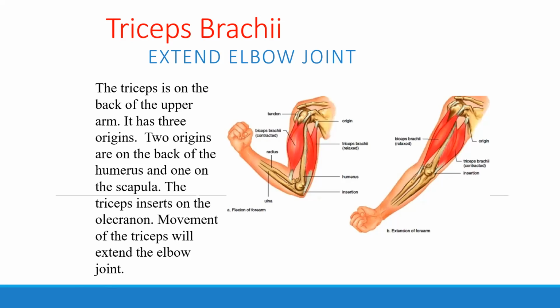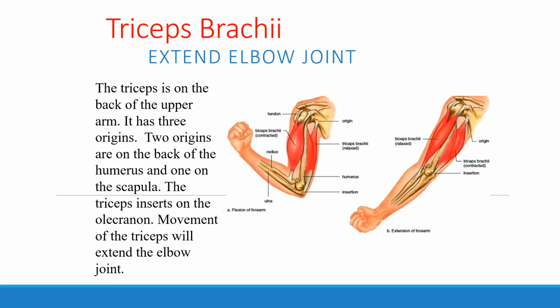The triceps and the biceps are an antagonistic pair. One will contract while the other relaxes. When the biceps is contracted, flexing your arm, the triceps is relaxed.